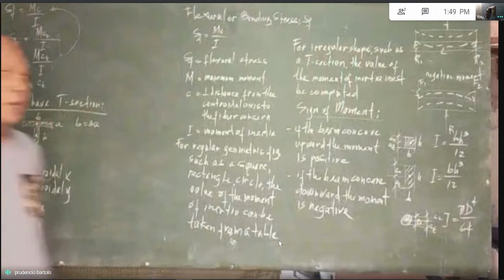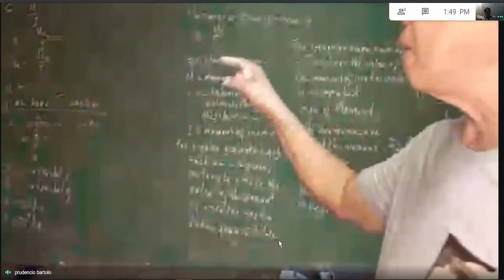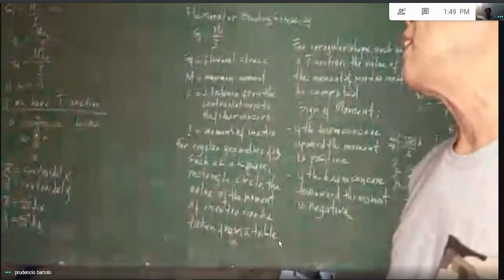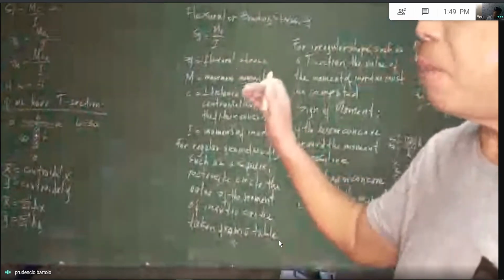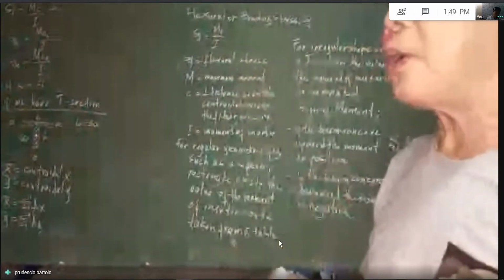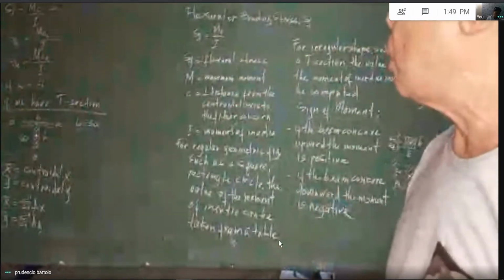So, there is the centroid of figure number 1 and the centroid of figure number 2. If we project a line along the vertical, the centroids of figure number 1 and figure number 2 will coincide with a line along the vertical.